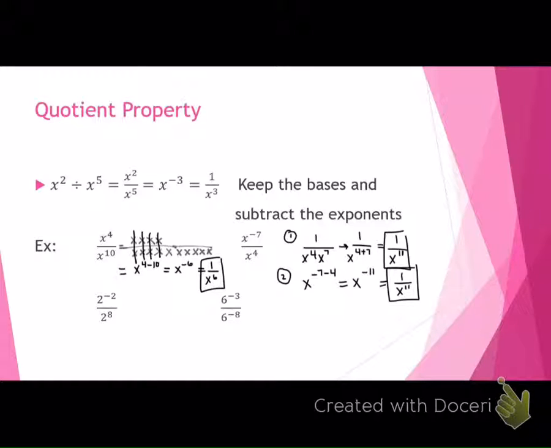So how would you, Madison, do the 2 to the negative 2nd over 2 to the 8th? I don't care which way you do it. Do you have to move the 2 to the 8th? No, because it has a positive exponent. Do not move it. Okay?